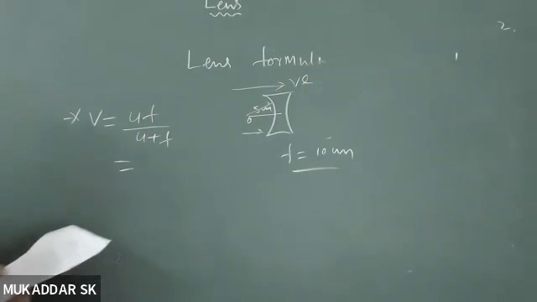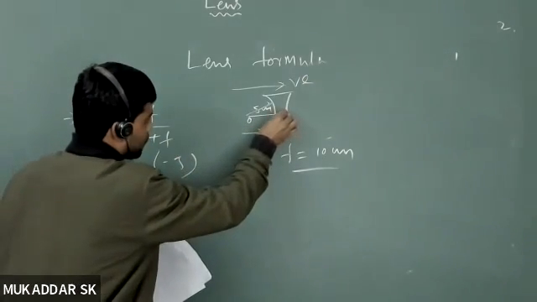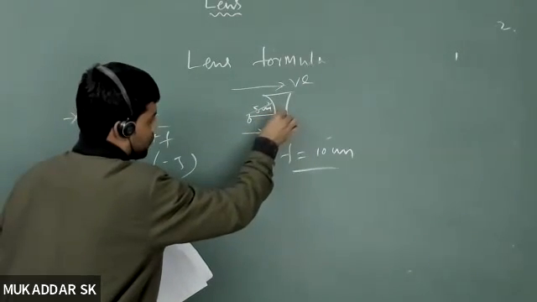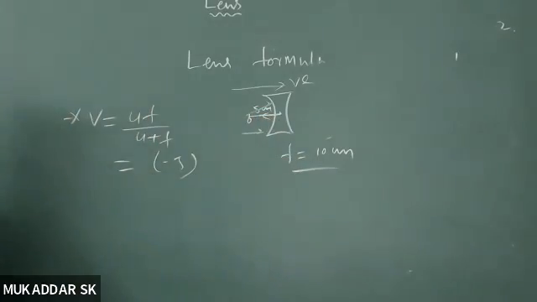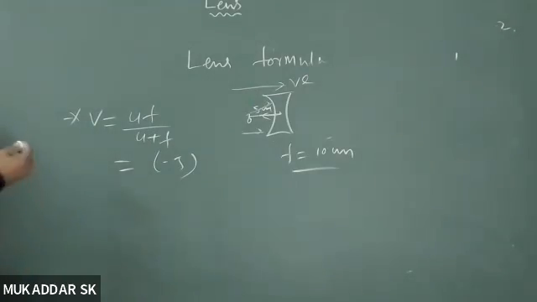Can I write minus 5? I can, right? Because you are calculating position of object from here, optical center. So this direction is anti-parallel to direction of incident ray. So I can use minus 5.